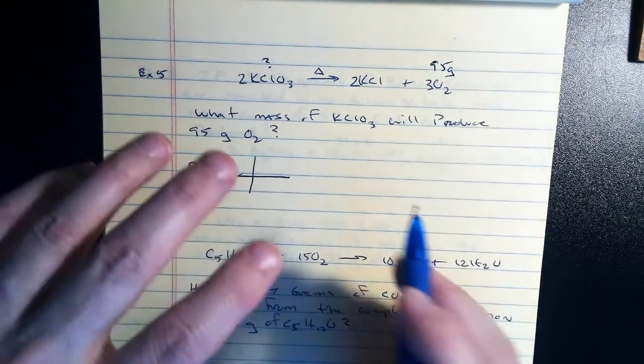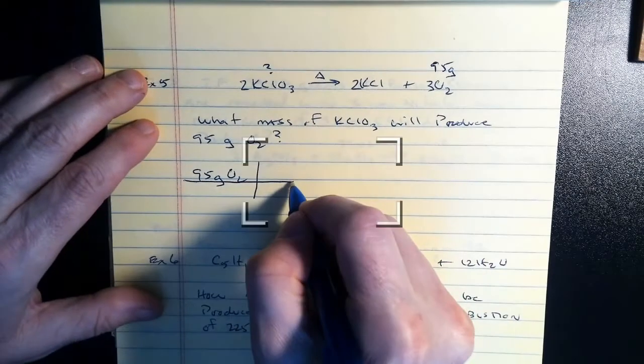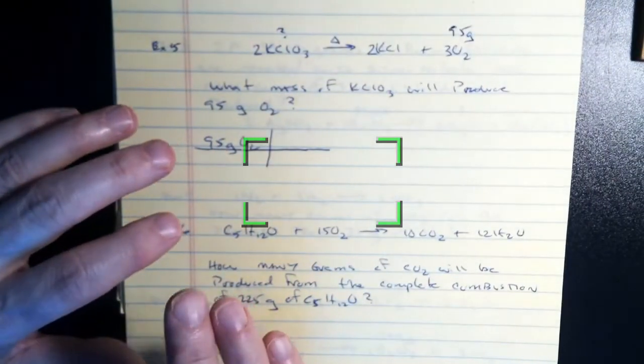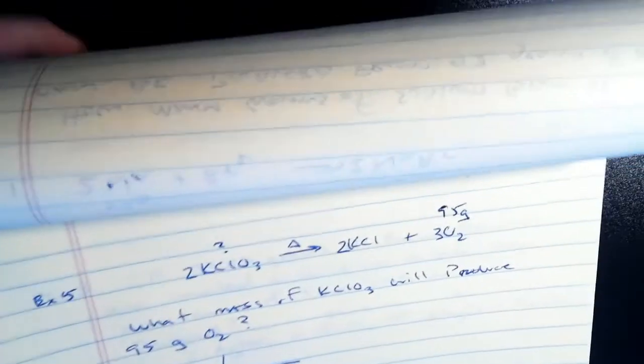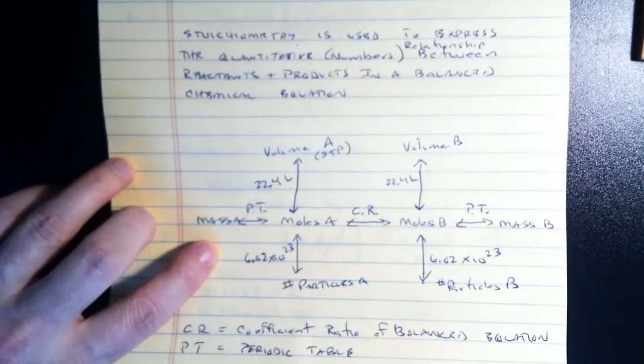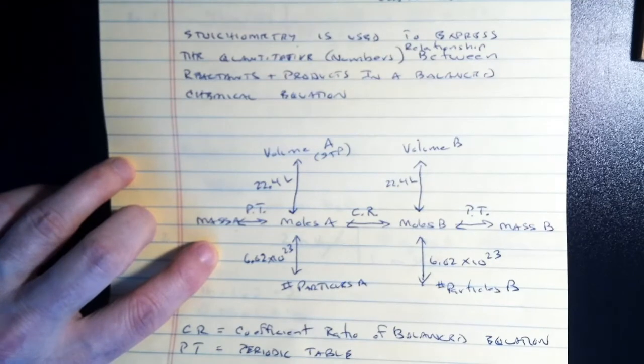You use the periodic table. But feel free to go back and refer to your roadmap whenever you want. Because I'll tell you, when I first started learning this stuff, I needed that roadmap. So you just go back to your roadmap, take a look at it, and that's fine to do.